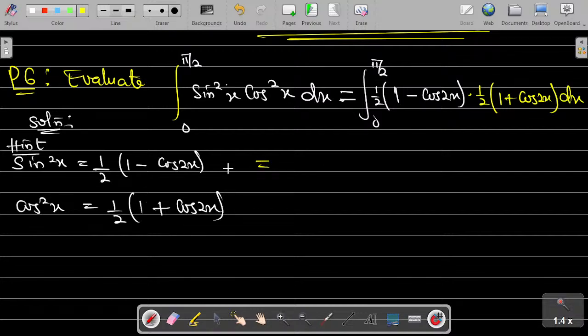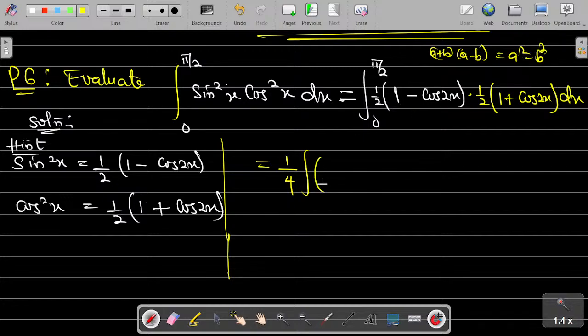Okay, so let's shift a little bit here now. What do we get from that? Of course, half times half is 1 over 4, so we can bring those constants outside. So we have 1 over 4 integral of, so you can now multiply this bracket by this bracket. If you notice, that's a difference of two squares: a plus b into a minus b equals a squared minus b squared.